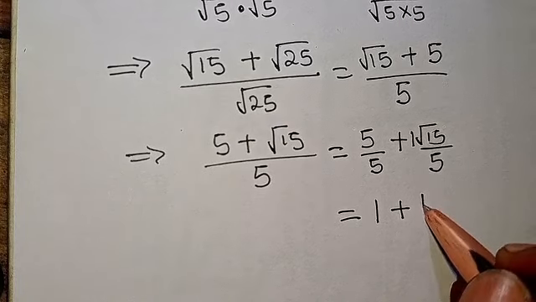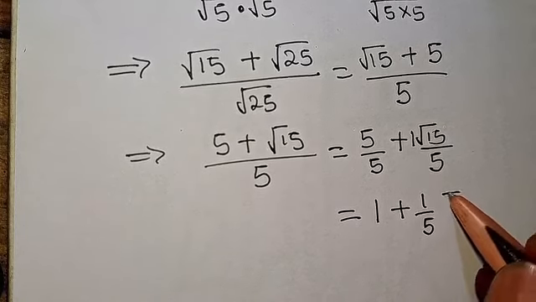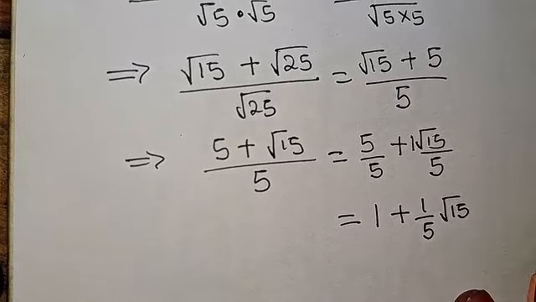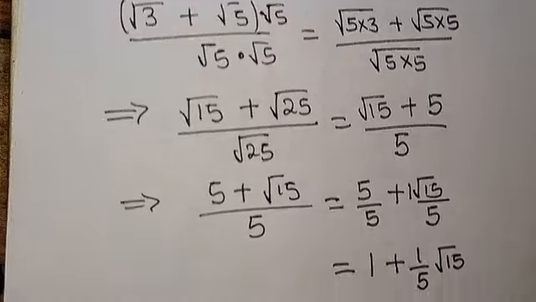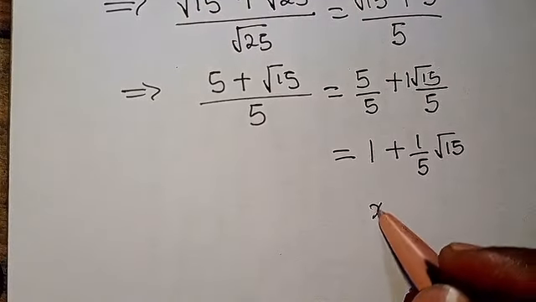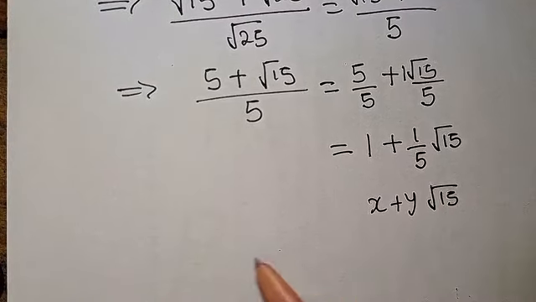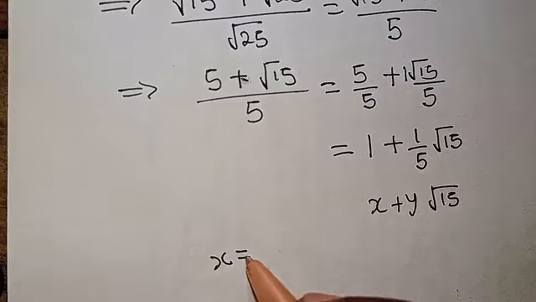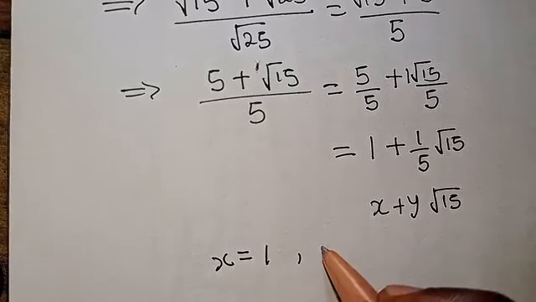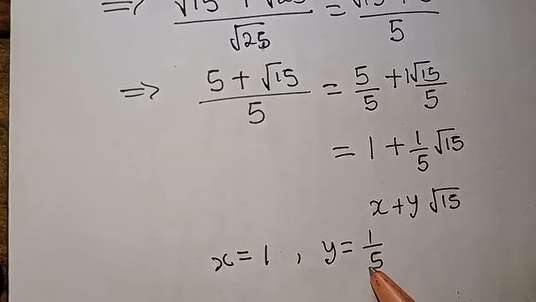So therefore we're going to be having 1 over 5, then root what? Root 15. So now when you compare this with what we have up here, x plus y root 15, you can see that x is 1 and y is 1 over 5.